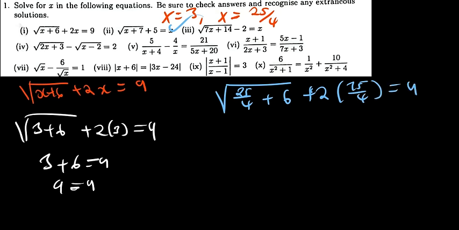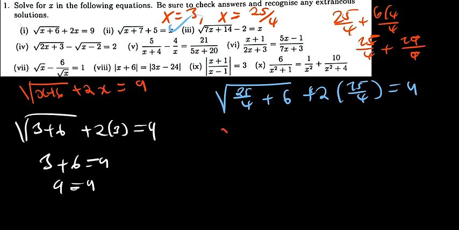I've got 25 over 4 plus 6. It's the same as times 4 divided by 4, because 4 divided by 4 is 1, so I will remain with 6 again. That would mean I've got 25 over 4 plus 24 over 4. So if I add those two, it's going to give me 49 over 4.